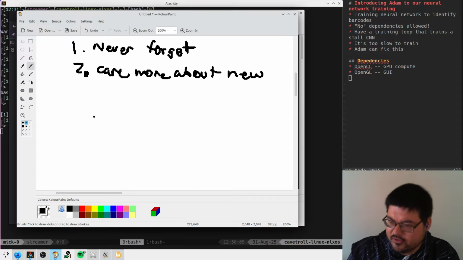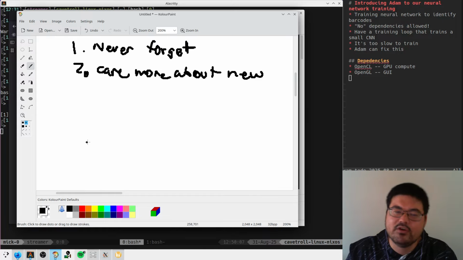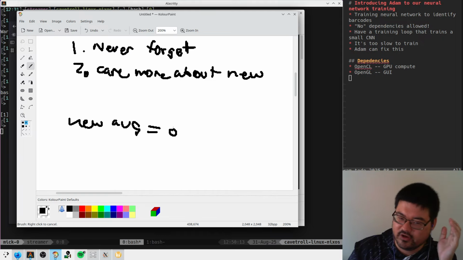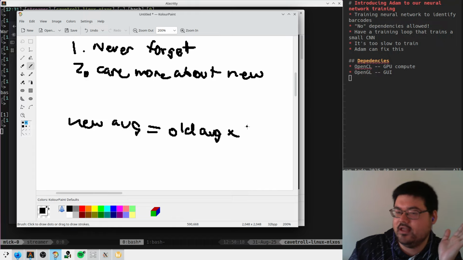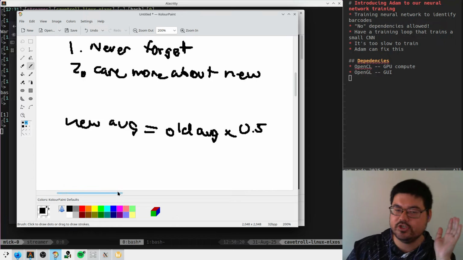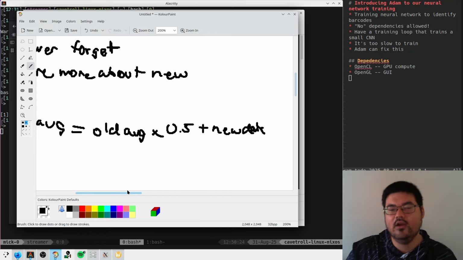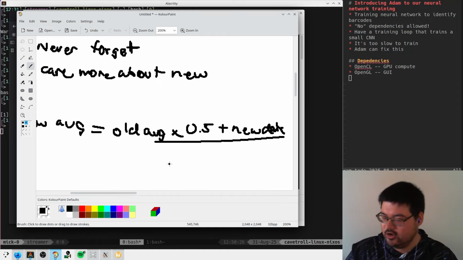And it turns out that you can calculate this really easily, right? Every time I get a new sample, my new average is the old average times, say, 0.5. We'll just halve the old average and then add in the new data. You might want to scale this a little bit, but whatever.